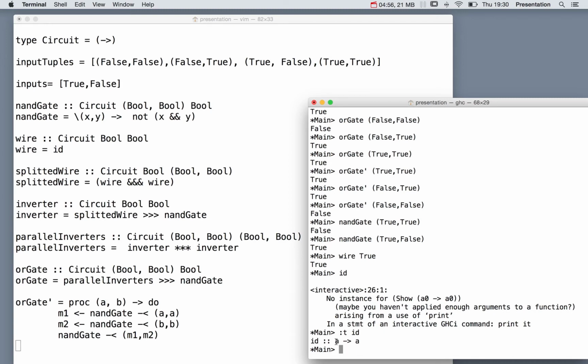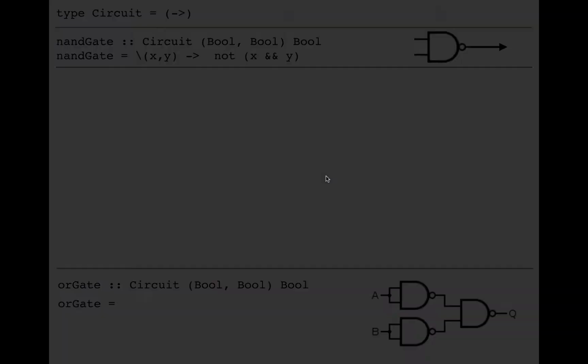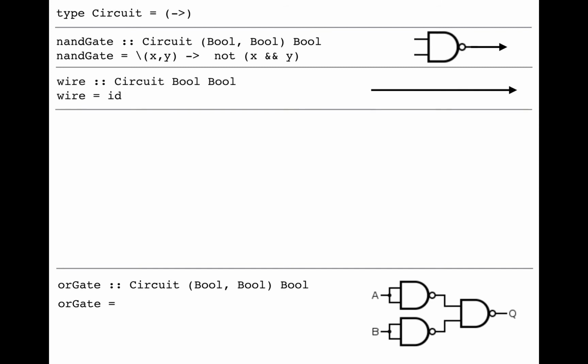It takes anything. This is a type parameter, pretty much the same as in Java. In Java you have also type parameters for functions as well. Okay, so I have already talked about the wire, which is also a circuit.